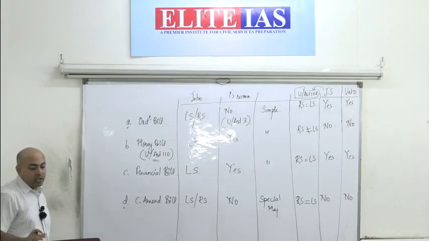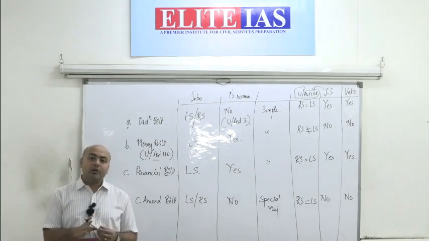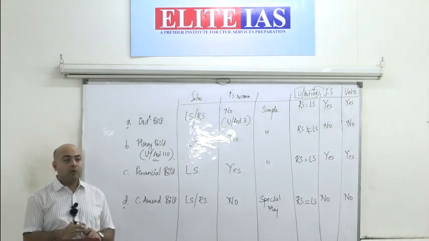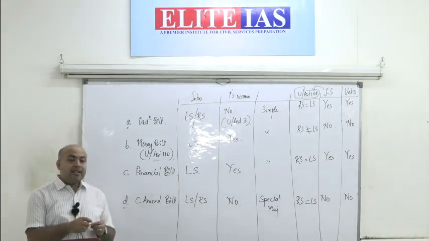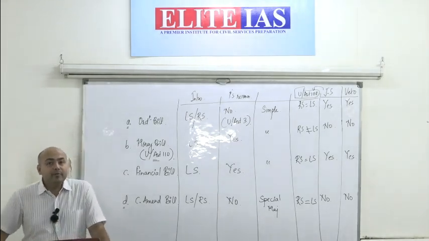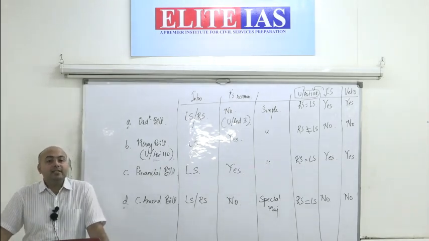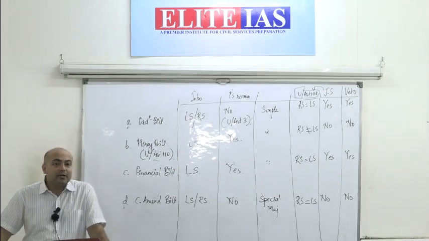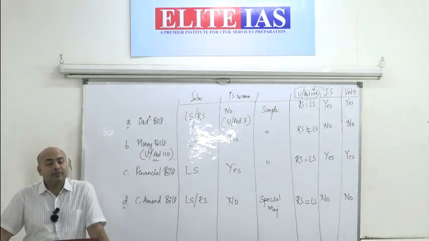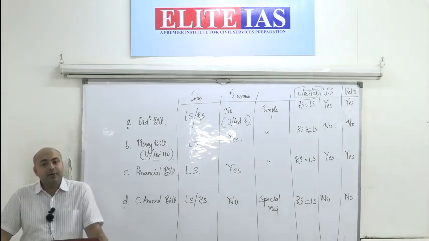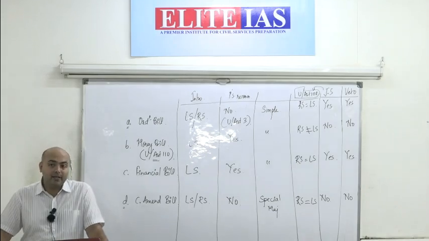For your knowledge, constitutional amendment bills are also of two types. One is a bill which amends the constitution but does not affect the status of the state. If the federal character of the Indian constitution is not affected by it, in that case it requires a simple majority to be passed by the parliament.